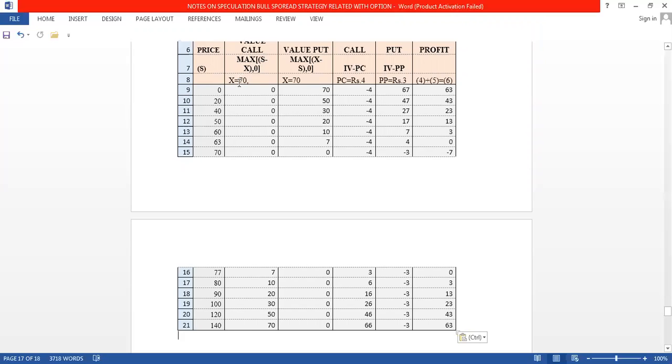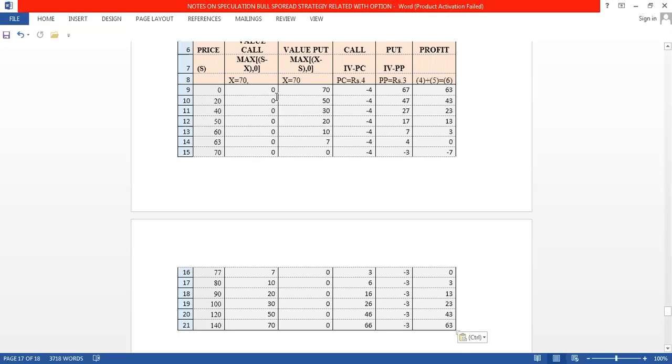X already we have mentioned, strike price 70. So in row 9 it is 0 minus 70, or 0, which one is highest. So two figures will be 0 minus 70 means minus 70, and 0, out of which 0 is highest. So it is coming 0.